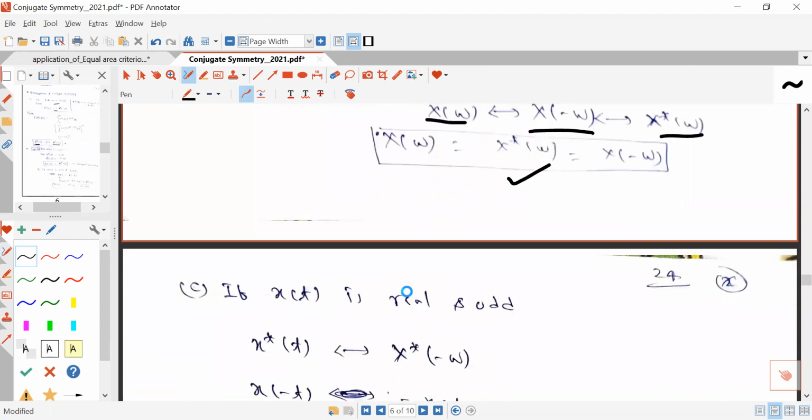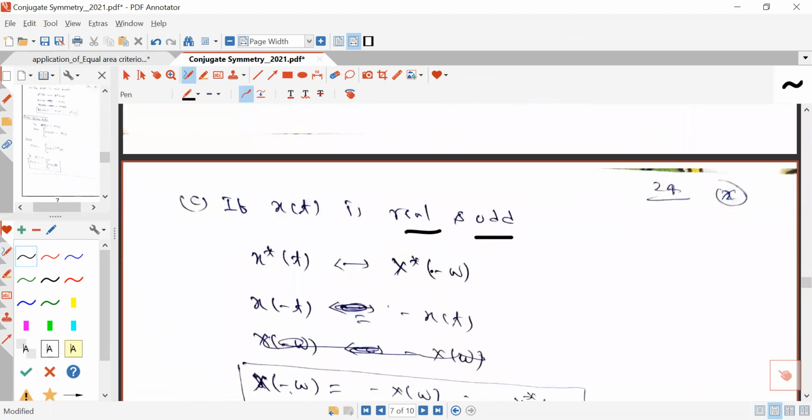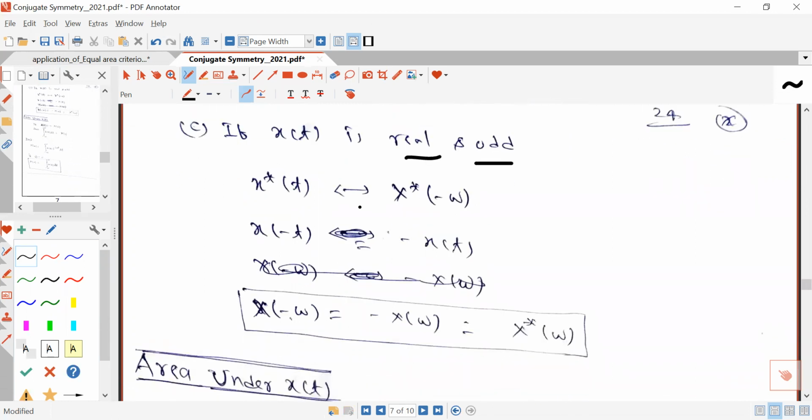Similarly, what will happen when the signal is real and odd? If the signal is real and odd, then, as I have discussed on the previous page, the Fourier transform of the conjugate signal will be X of minus omega conjugate, and for the odd signal x(minus t) will be equal to minus x(t).